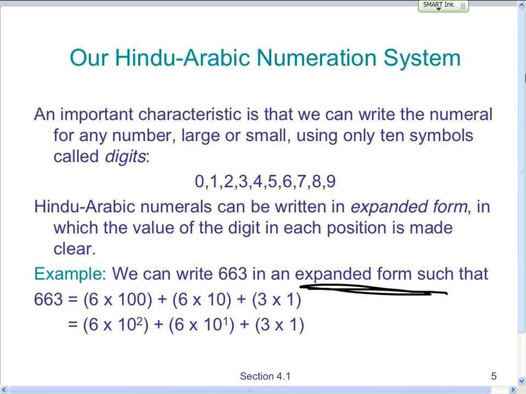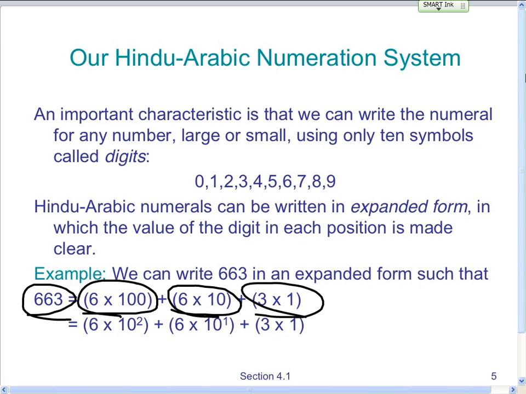So expanded form says I have 6 hundreds plus 6 tens plus 3 ones. When writing it in expanded form, you can either write 6 times 100 or 6 times 10 squared. Both are the same, and you'll see it about half the time written each way. It doesn't matter. So 663 would be written as 6 times 100 plus 6 times 10 plus 3 times 1.